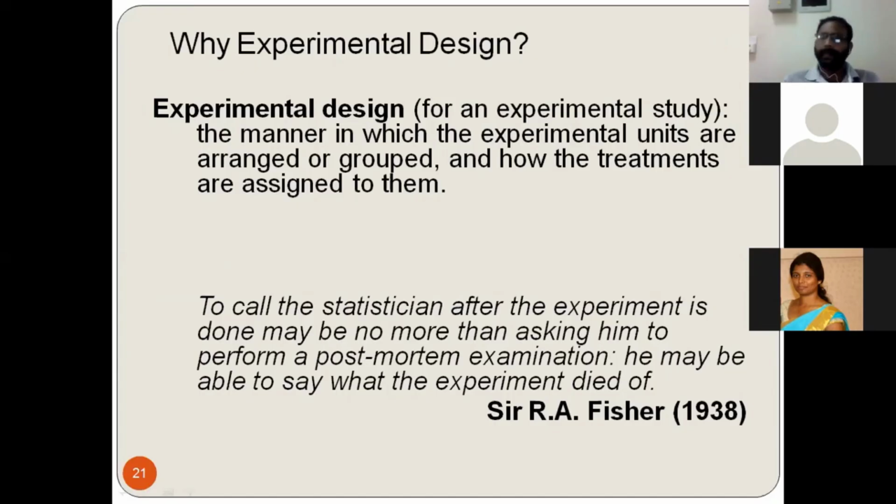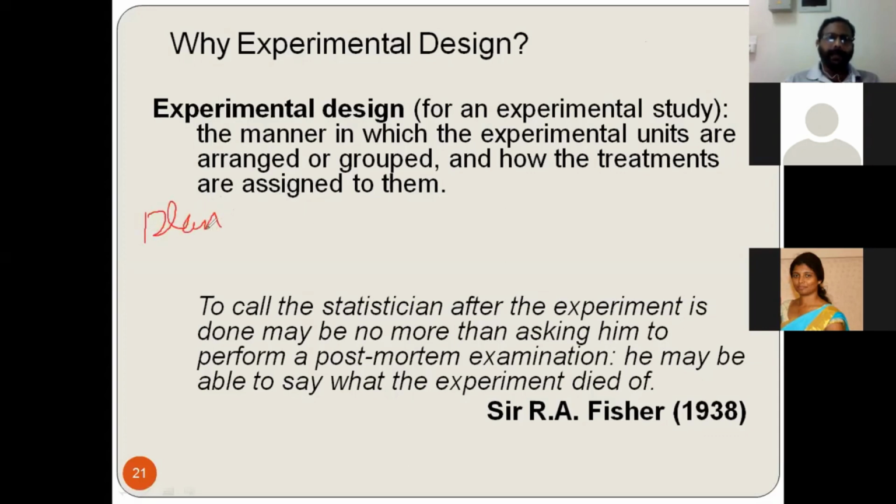So in simple terms, when you say design, is it the same as, let's say, housing? When you want to build a house, what is the first step that you do? You draw a plan.